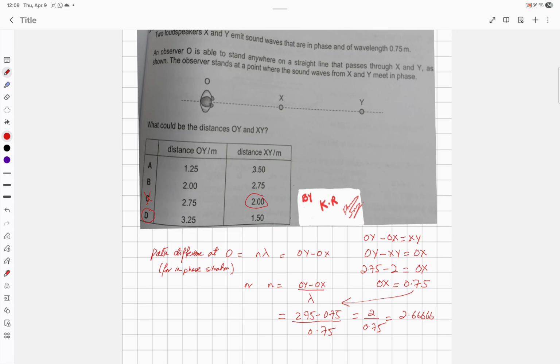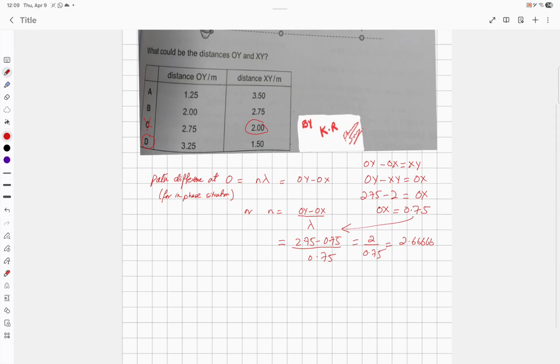But for your explanation, let me solve for D as well. For option D, again I am working for OX: 3.25 minus the value of XY, which is 1.5. 3.25 minus 1.5, I am getting 1.75.